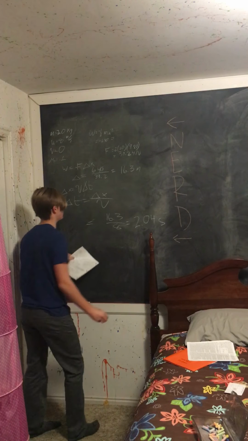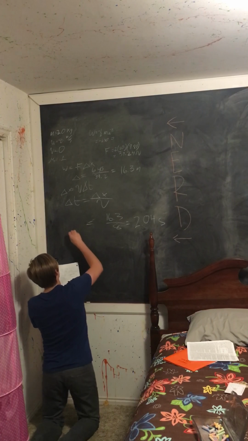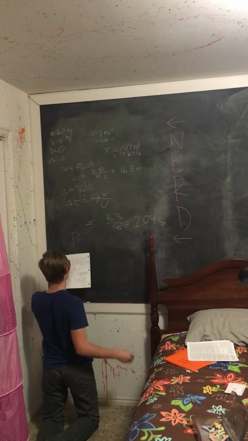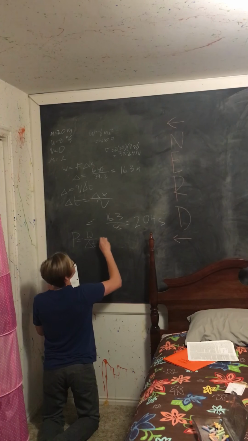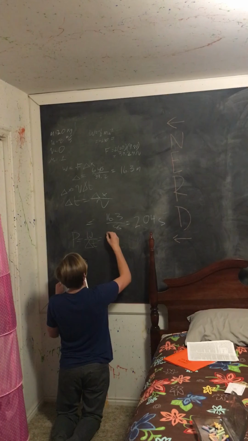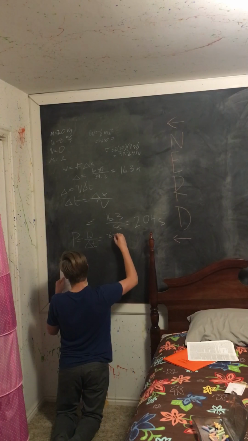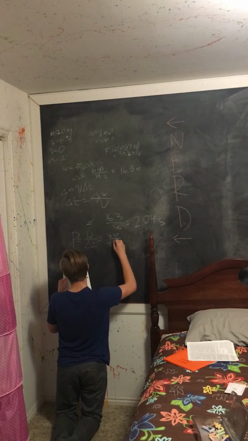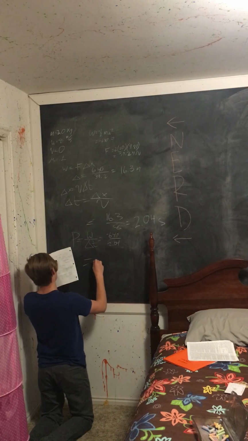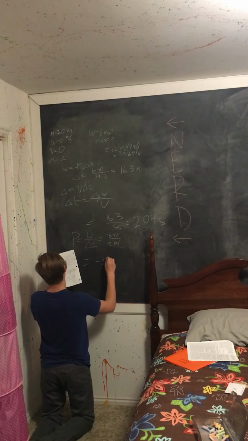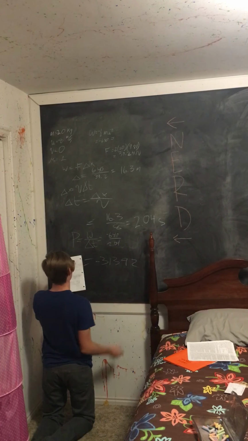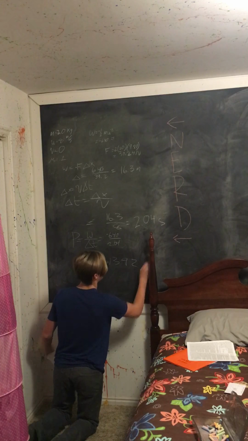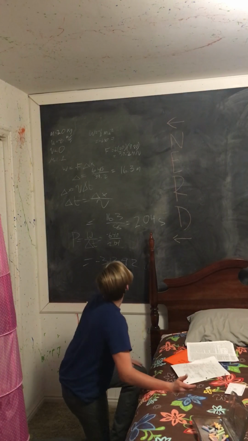So then we take that, say that power is equal to work all over delta T, which equals negative 640 all over 2.04, equals negative 313.92 watts. Cool.